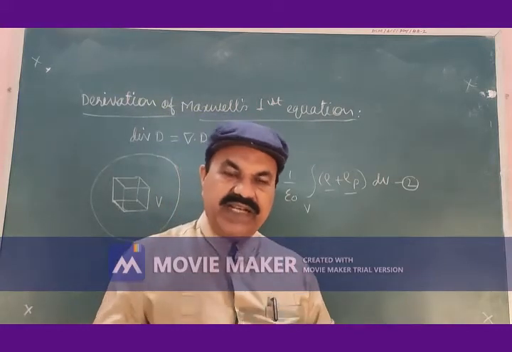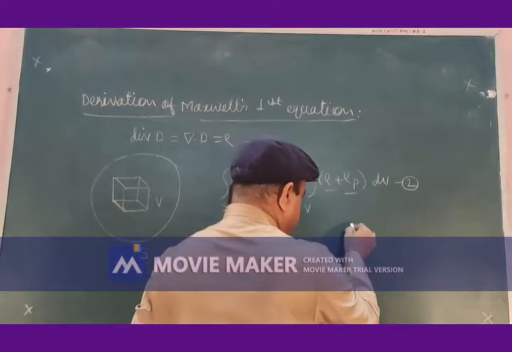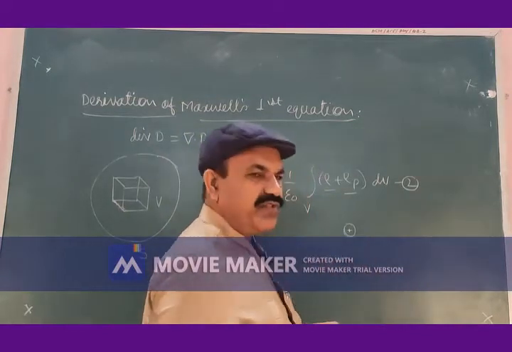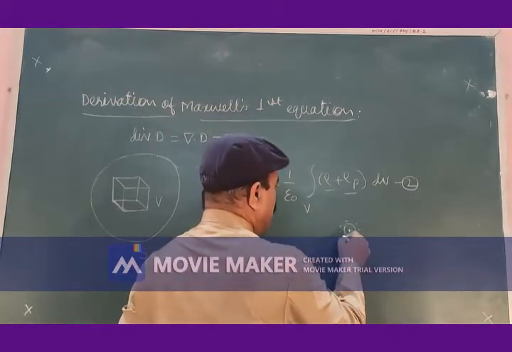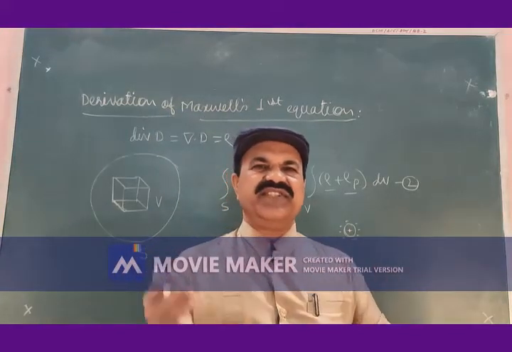If we apply some electric field to a dielectric material, what will happen? Let me consider one atom here. At the center we have the nucleus with positive charge, and outside the nucleus we have many electrons revolving around the nucleus inside the atom.